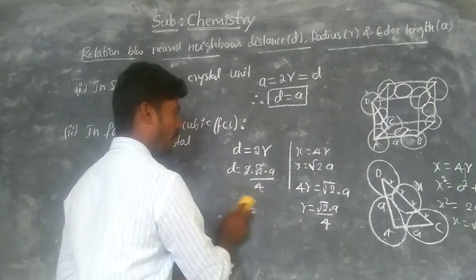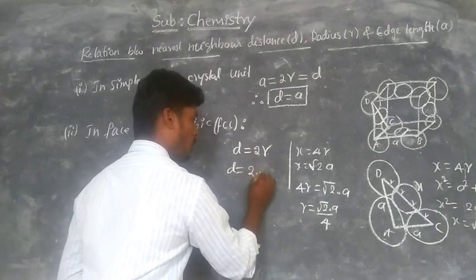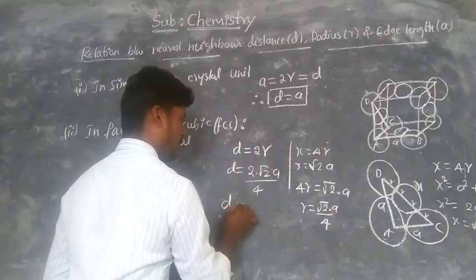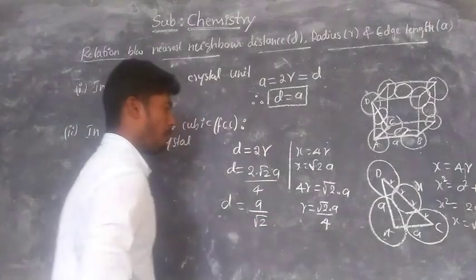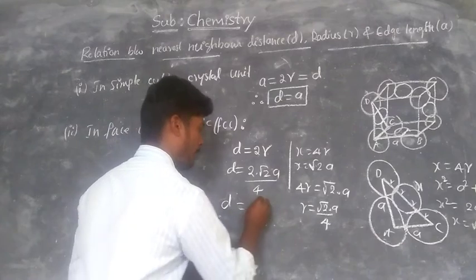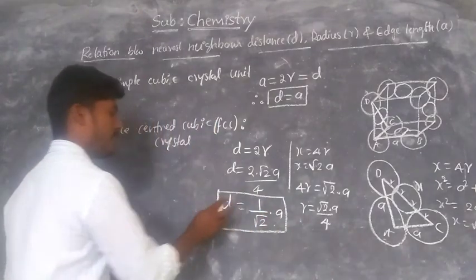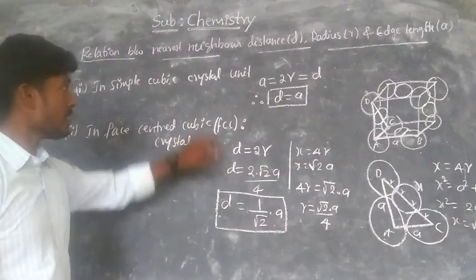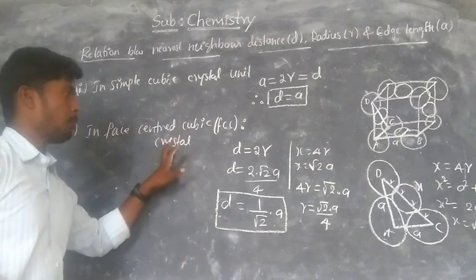After simplifying this whole thing, D is equal to a divided by root 2, that is 1 by root 2 into a. So remember, this is the nearest neighbor distance in FCC, that is face centered cubic crystal.